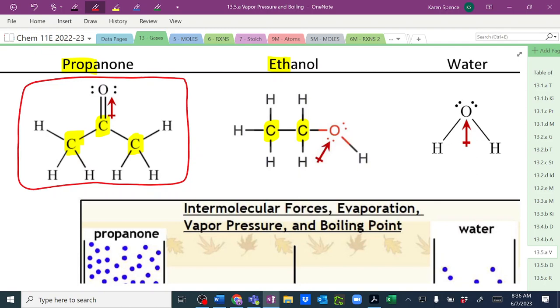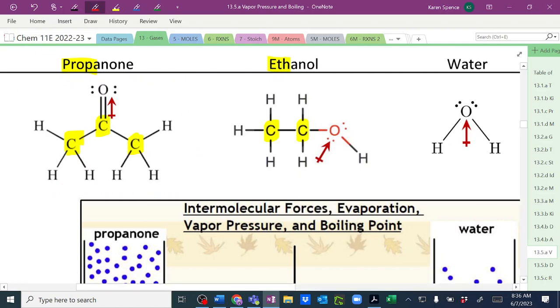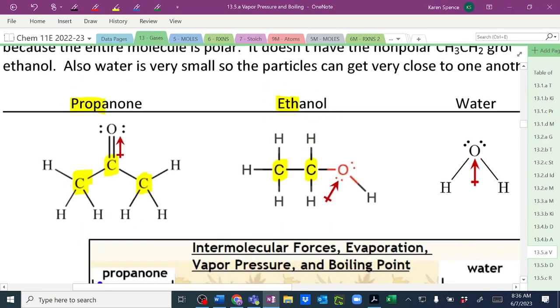And why is that arrow pointing towards oxygen? Yeah, because the oxygen is very electronegative. What does it mean to be very electronegative? Yeah, they pull bonding electrons towards themselves. So O is very electronegative, pulls bonding electrons to itself.